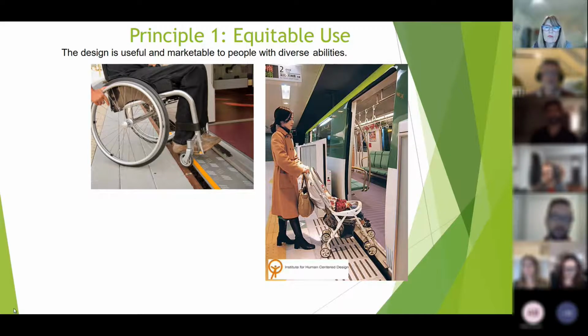Okay, now in this case for product design, you see principle one is equitable use. When we looked at seamless learning, we also spoke about inclusion. So we really need to think about designing to include every student with whichever challenges or barriers they may have.